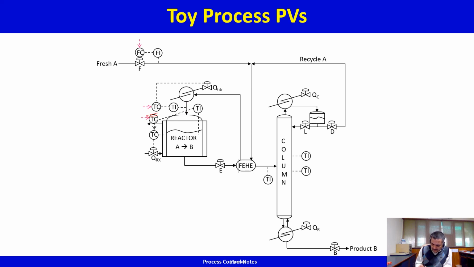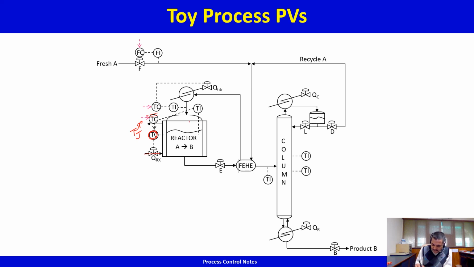On the reactor, you have the temperature of the reactor, a reactor temperature controller that manipulates, or fixes, the jacket temperature set point, and the jacket temperature controller, this guy, manipulates the coolant flow in order to deliver that jacket temperature.